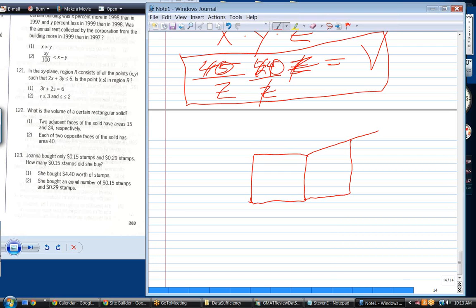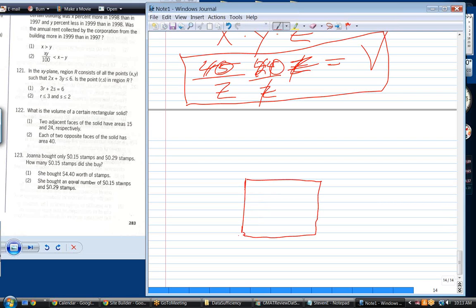The question is, can we draw a rectangular solid where two adjacent faces have the same area using rectangles? Yes, I could say this has the same area as this, and it's a rectangle. So this would have to be x, that would have to be y, and this is clearly x, which means this also has to be y.